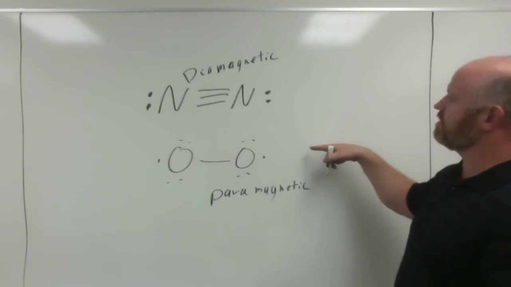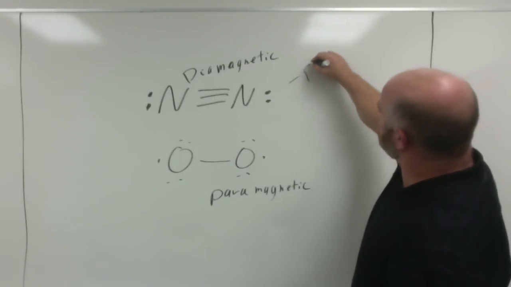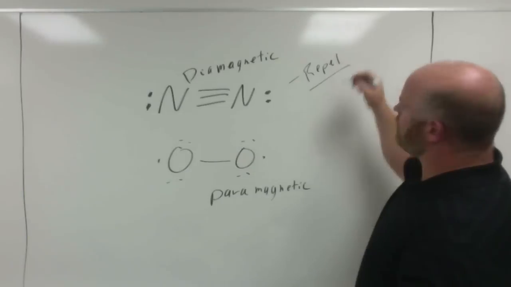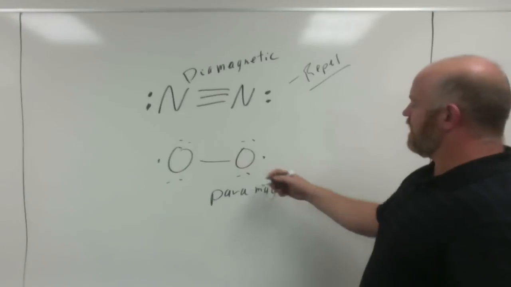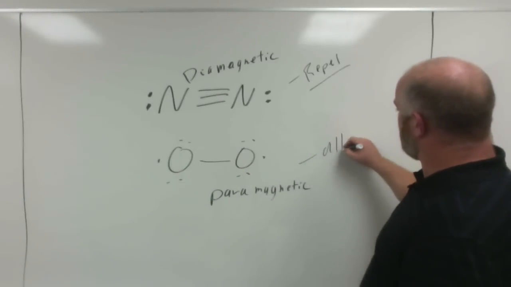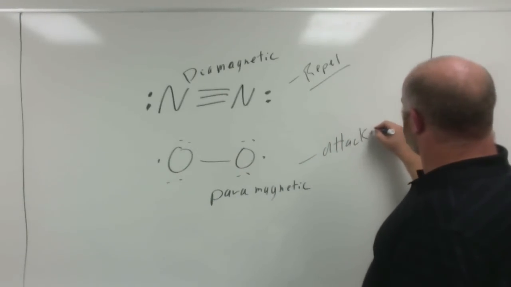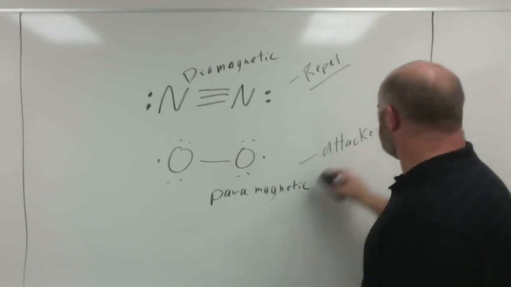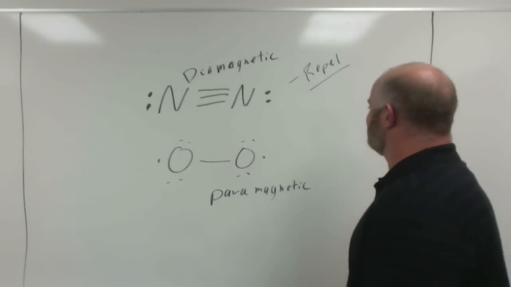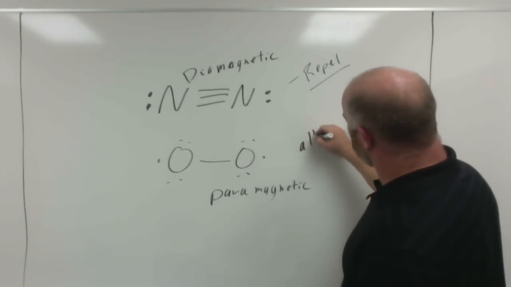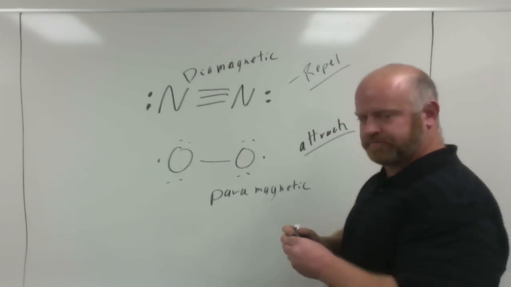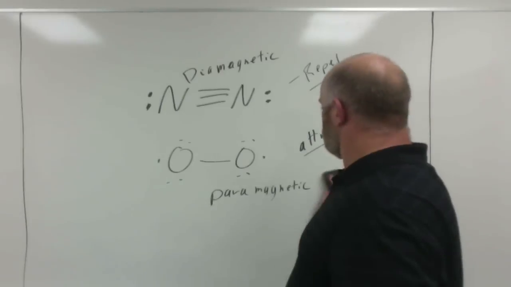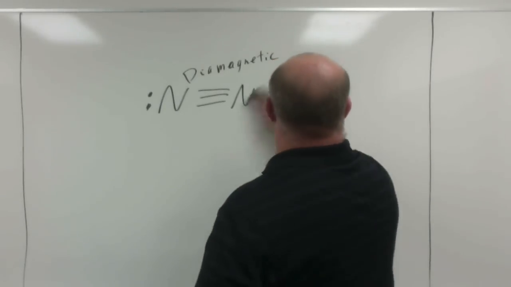So we would assume that this would repel from a magnetic field slightly, not a massive amount, but just a small amount. And the oxygen, we would see that it should attract to a magnetic field. Okay? So, let's take a look at the video.